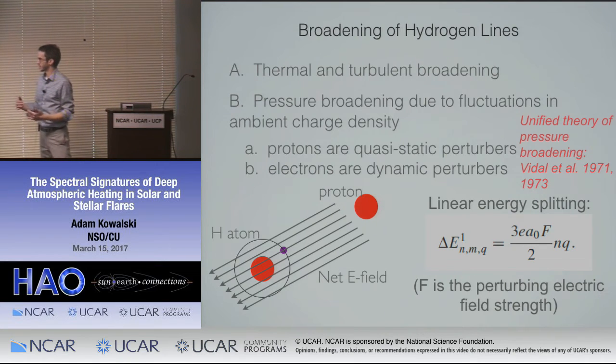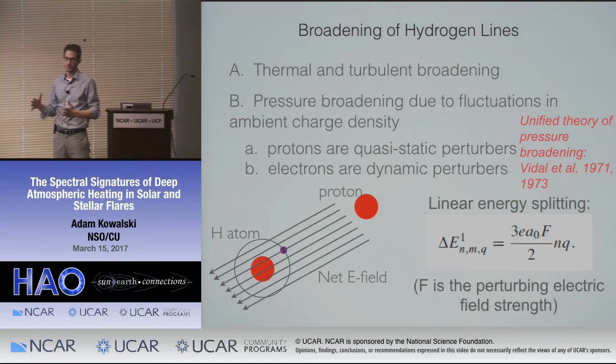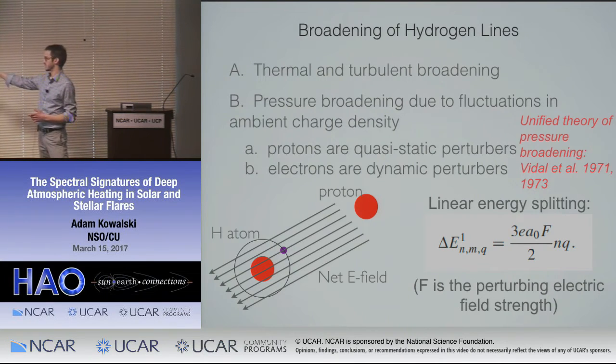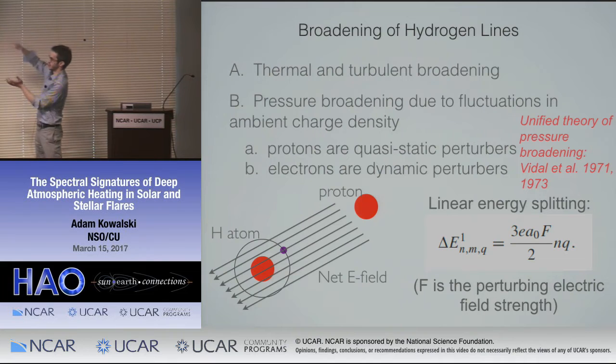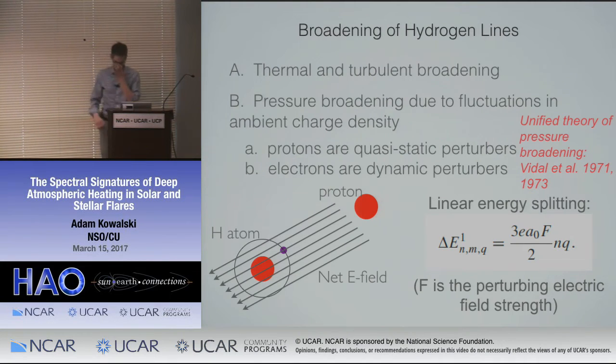And so this net electric field perturbs the energy levels of hydrogen and therefore broadens the lines. The energy splitting is proportional to the electric field strength F and the principal quantum number n and a Stark quantum number q. So the higher order hydrogen lines with larger n are perturbed by larger energy. That's one of the characteristics of this electric pressure broadening.